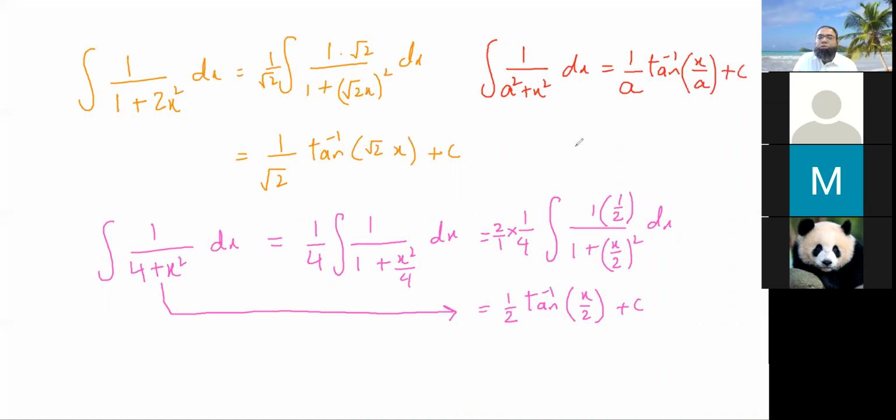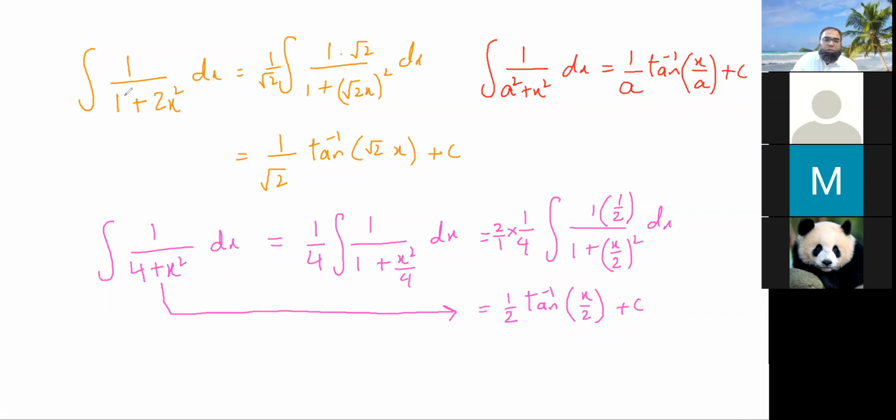This is totally an optional thing. You can show all these steps and reach this integral, and the smarter ones can directly write from this to this step. Okay, so that is the second stage.